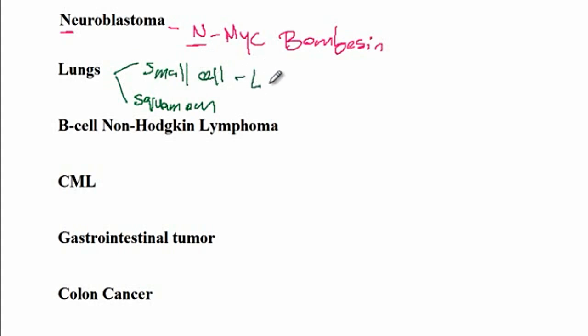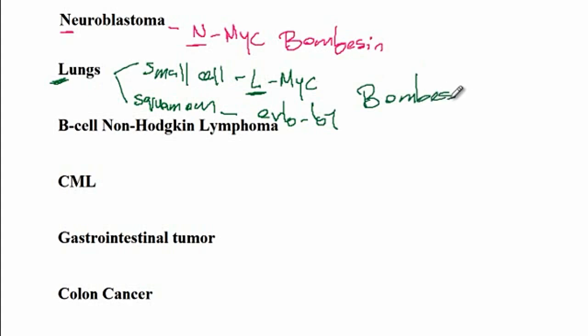So the answer was L-MYC. L for lung cancer. For squamous cell lung carcinoma, I didn't provide you with any memory aids, but the answer was ERBB1. And what is the tumor marker that we can use to track the progression of lung cancer? Again, bomb and blast your lungs. So bombesin can be used to track both the progression of neuroblastoma and lung cancer.